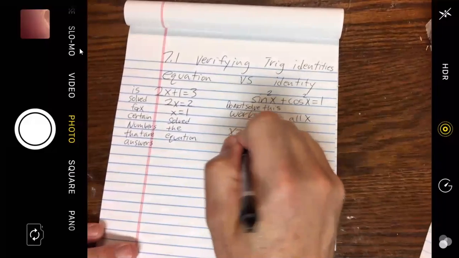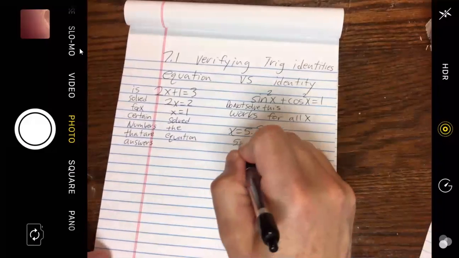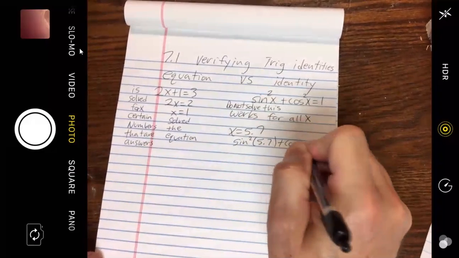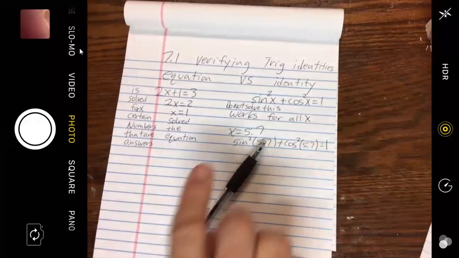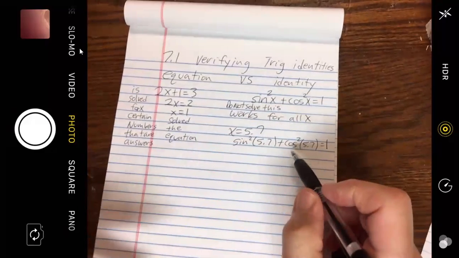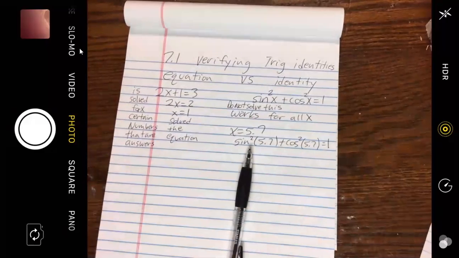Let's pick a random one, x is 5.7. Sine squared of 5.7 plus cosine squared of 5.7 had better come up 1. It doesn't matter if you're in degree mode or radian mode. It could be 5.7 radians, or you could add the degree symbol and make it 5.7 degrees. It doesn't matter.